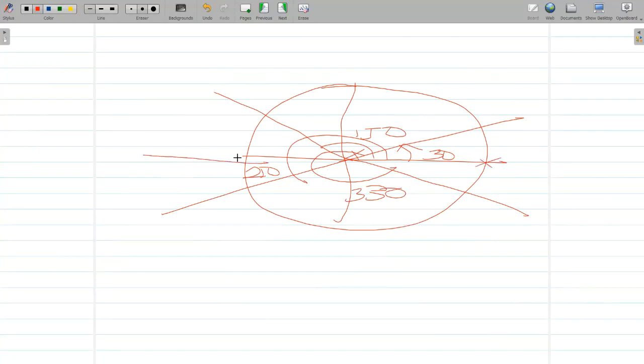Now let's try to do it with respect to the front stagnation point. So with respect to the front stagnation point, 30 degrees is one location.